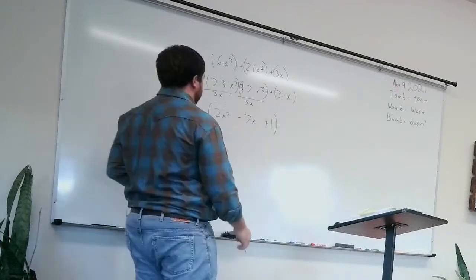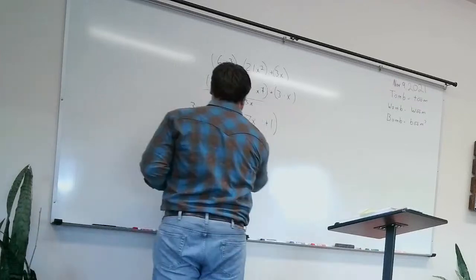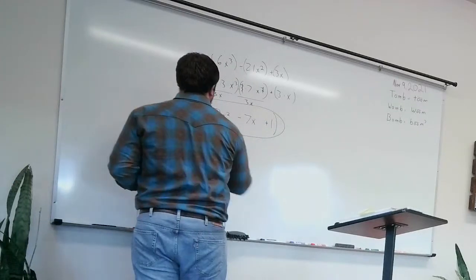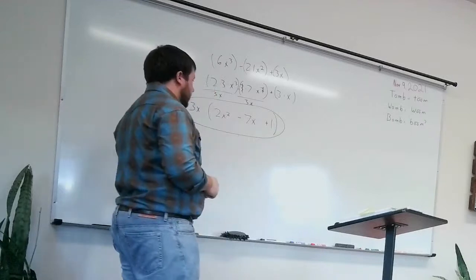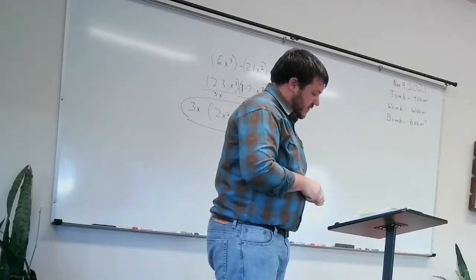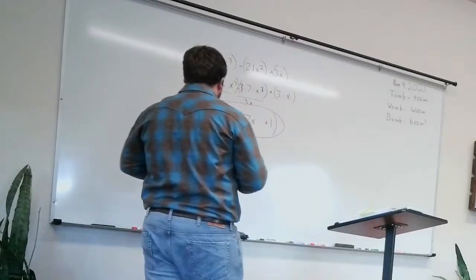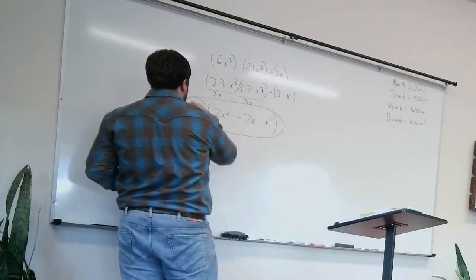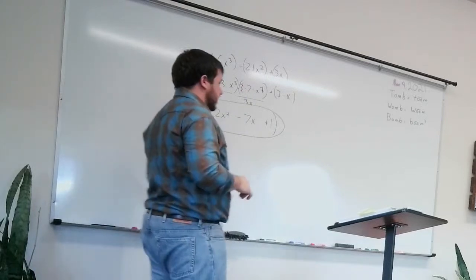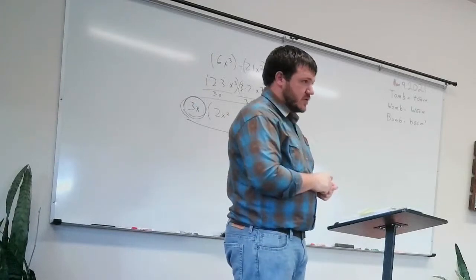So this is your answer: 3x times 2x squared minus 7x plus 1. Basically, the factor here is 3x. You just write that factor out in front and then you put the rest of it in parentheses.